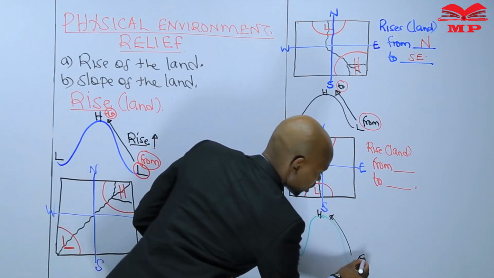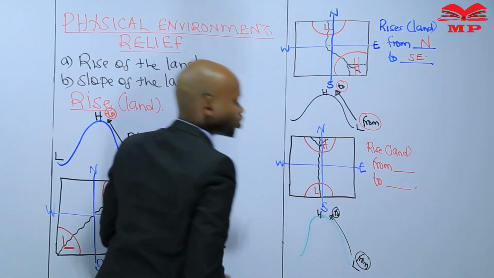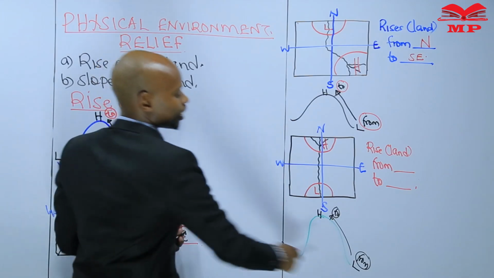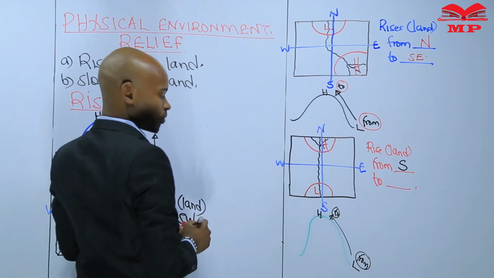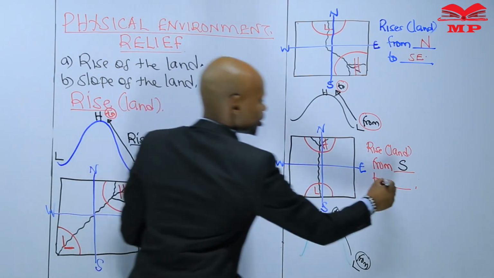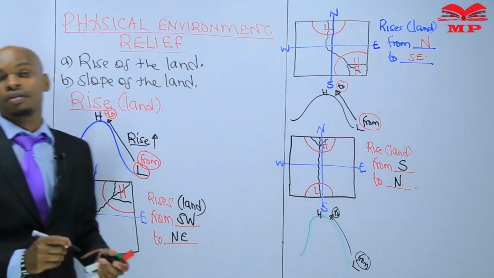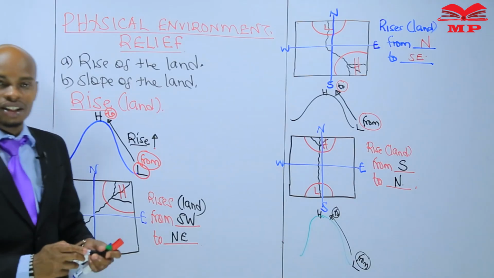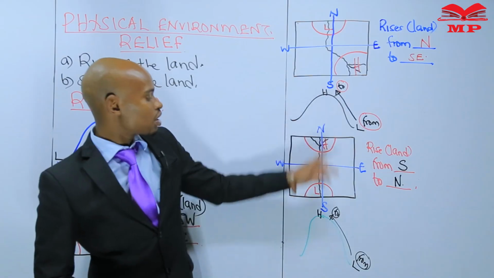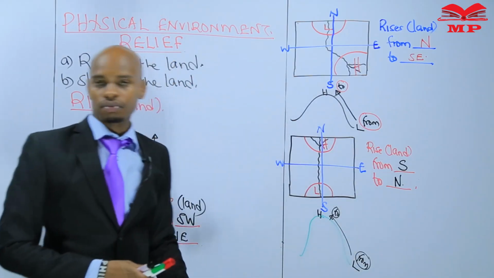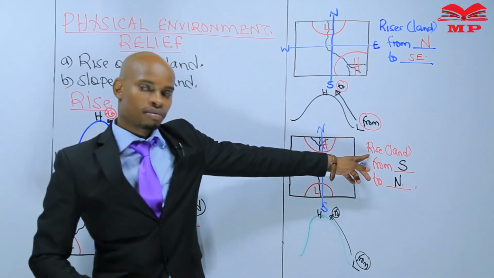From where? From the lowland. To where? To highland. So our first coordinate should come from where we are coming from. And that is a lowland. And lowland is south. To highlands. Highland is north. And that is how you rise. From lowland to highland. These magical mountains are in your rough work to guide you, to jog your memory about the name rise.